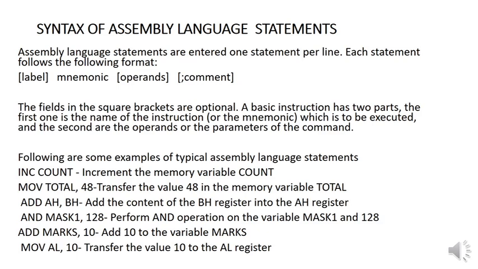The fields in the square brackets are optional. A basic instruction has two parts. The first one is the name of the instruction, or the mnemonic, which is to be executed, and the second are the operands or the parameters of the command.